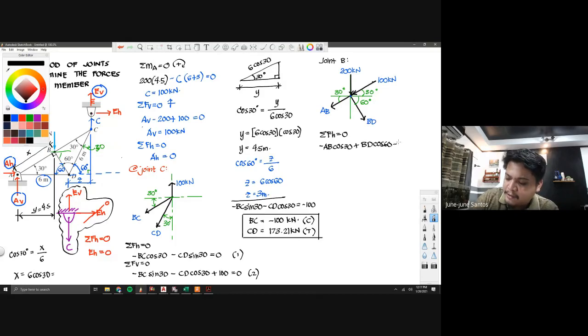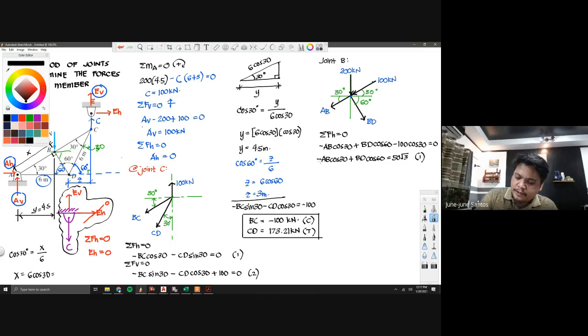And then minus 100 cosine of 30 equal to 0. Okay. So, you have a negative AB cosine of 30 plus BD cosine of 60 is equal to 100 cosine of 30. So that is around 50 square root of 3. So that is your equation 1.